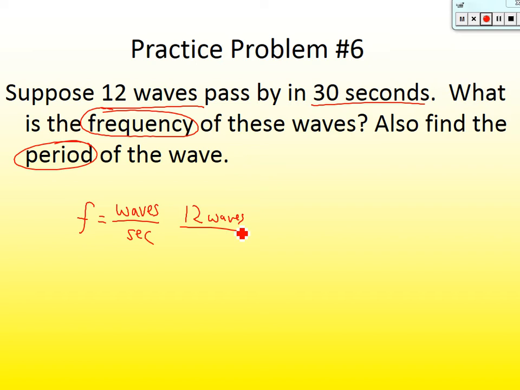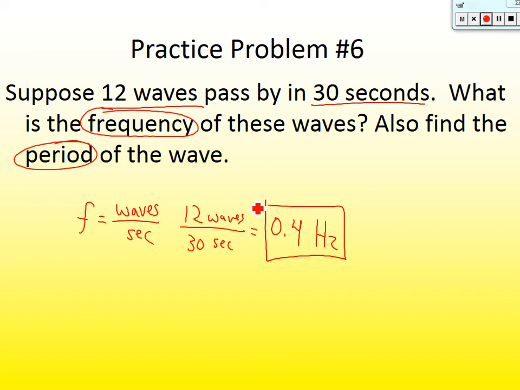And it took 30 seconds for that to happen. Okay, so let's put a number to that. 12 divided by 30 is 0.4. Now, what are the units? Hertz. Okay.